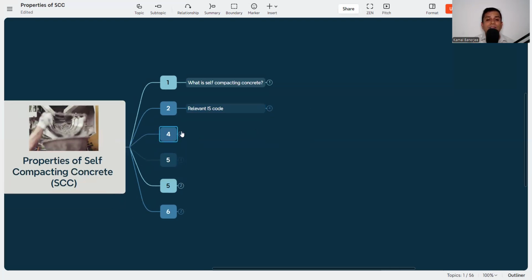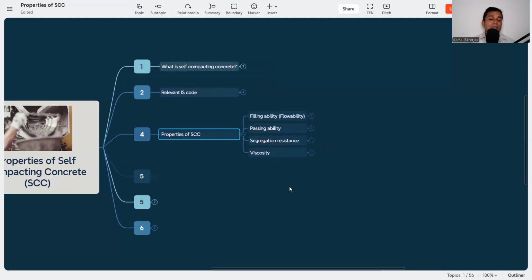Now the next part is, what are the properties? That is today's topic. The first property is filling ability, next is passing ability, third is segregation resistance, and then the viscosity. Why filling ability? That means it should have flowability, or filling ability, it should flow under its own weight.